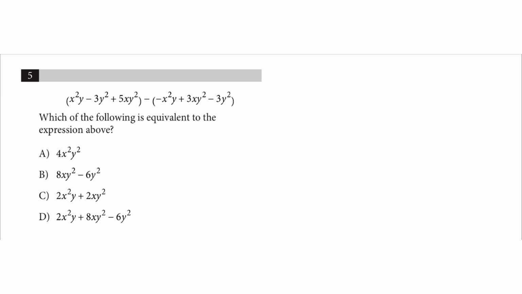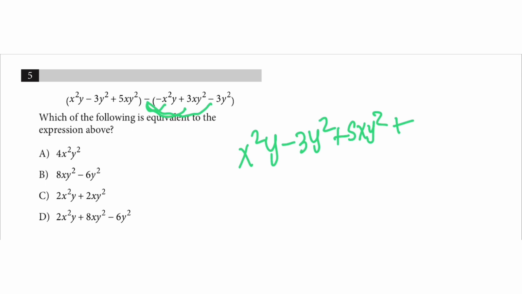All right, so this question's pretty straightforward. You just have to start off by getting rid of the parentheses, and don't forget to distribute the negative sign throughout all of these parts of the expression. So we'll get the x squared y minus 3y squared plus 5xy squared plus, because minus times a minus is a positive, x squared y and minus 3xy squared and then plus 3y squared.